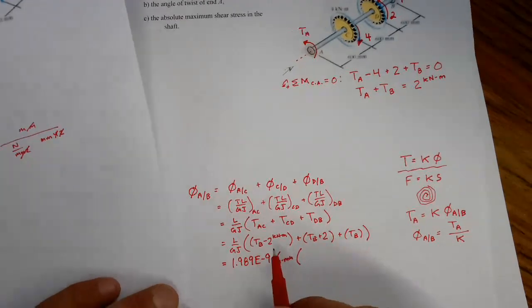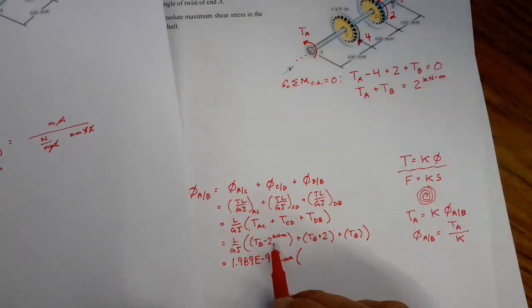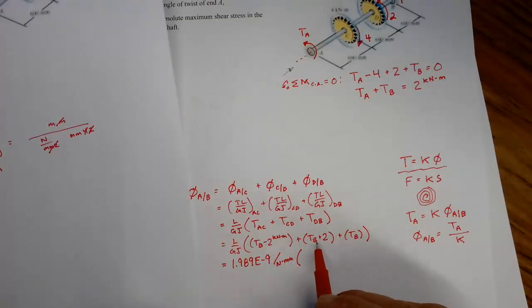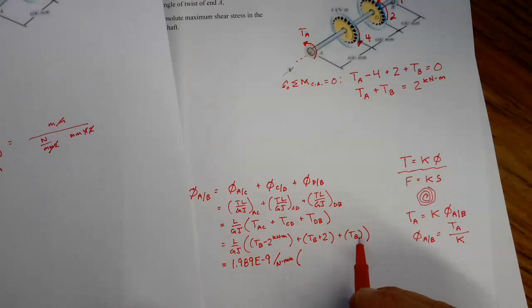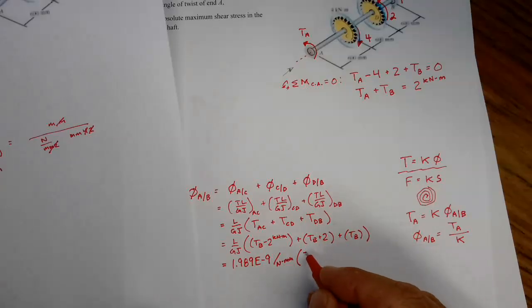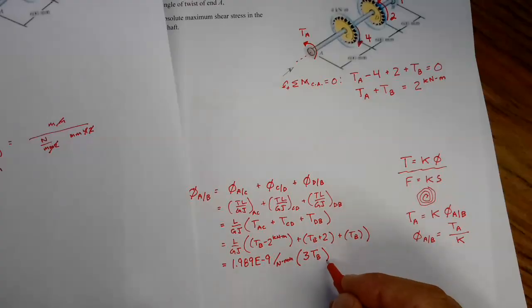And then in the parentheses, we have TB minus 2 plus TB plus 2. That's 2 TB, and the 2's cancel out, plus TB, that's 3 TB.